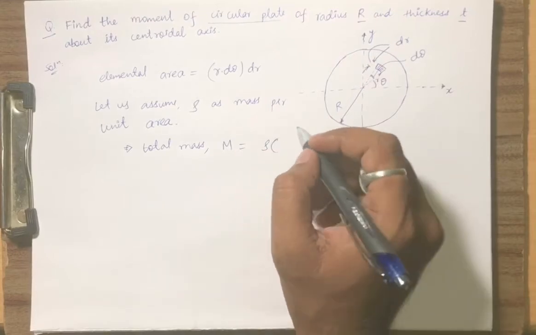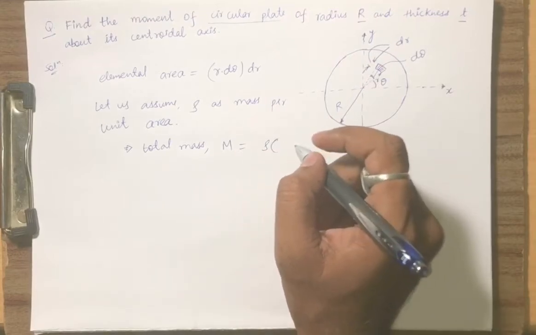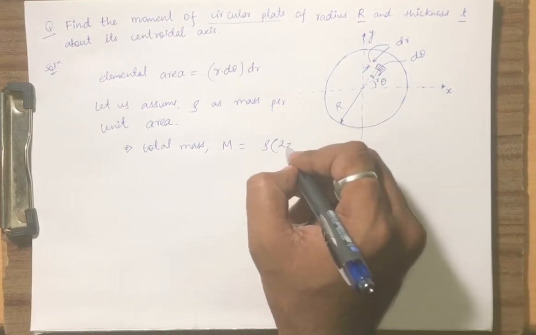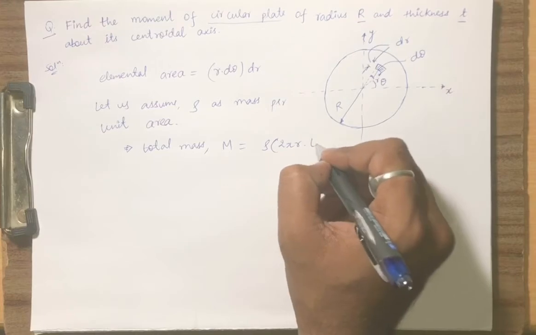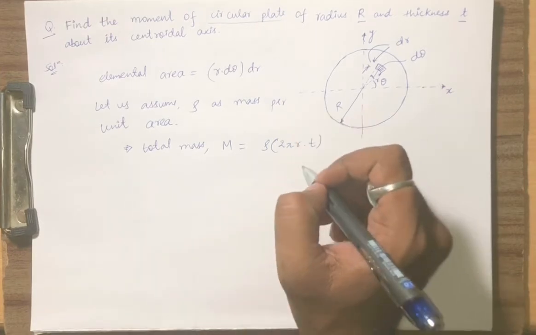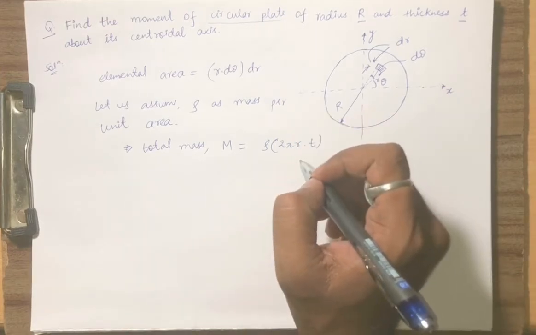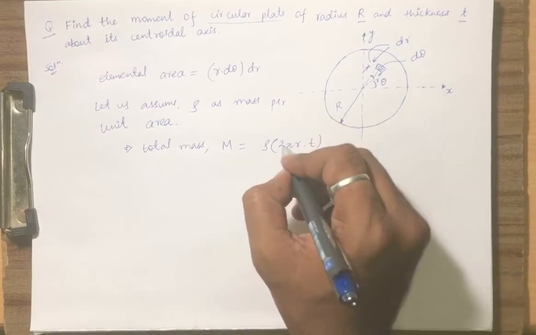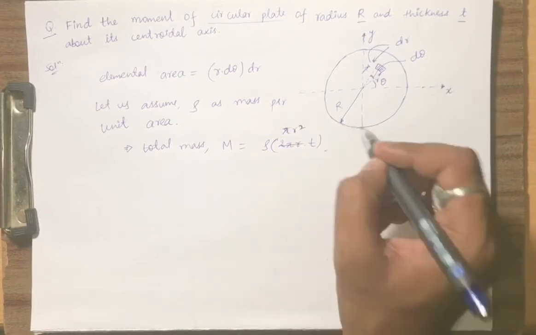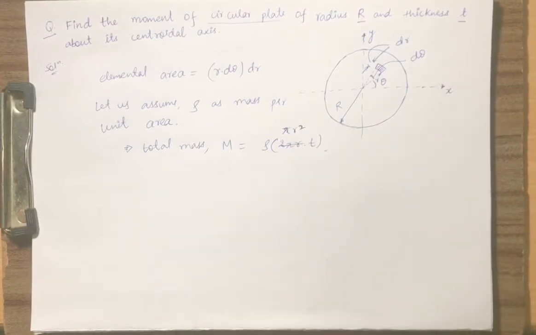The total 2 pi r into t. I think I am correct. Sorry. Area will be pi r square into t. So this we will figure out in the last.